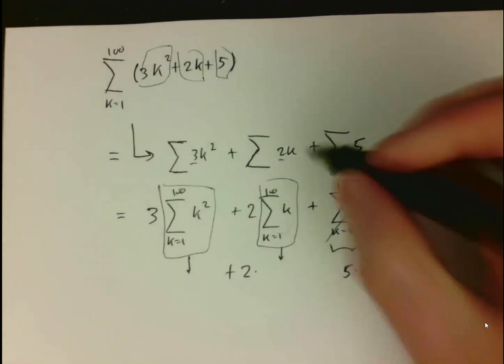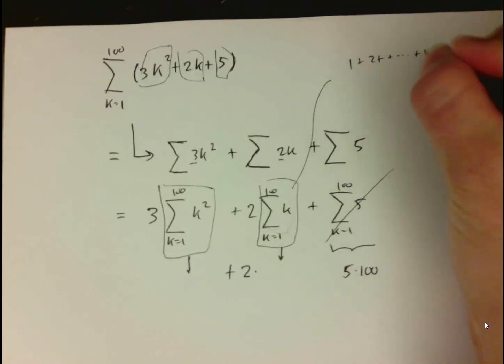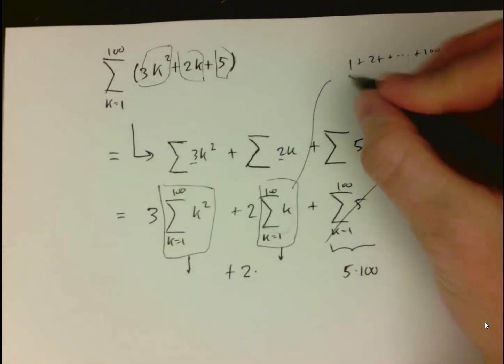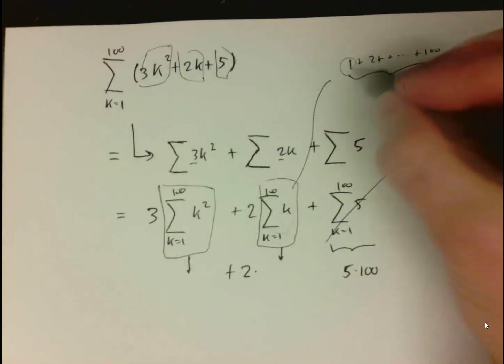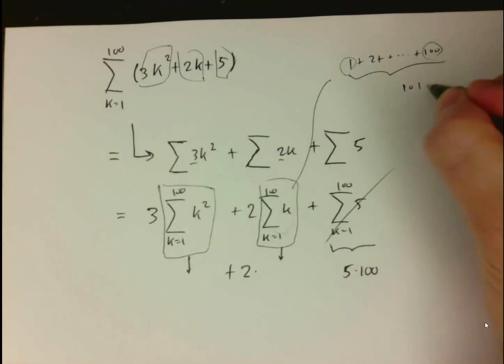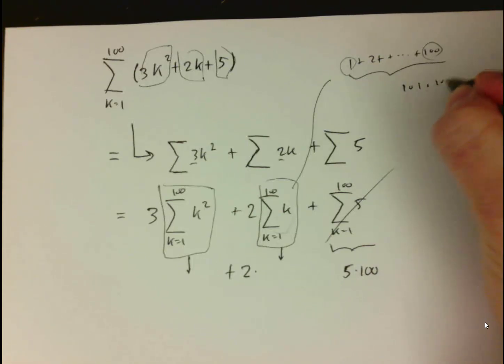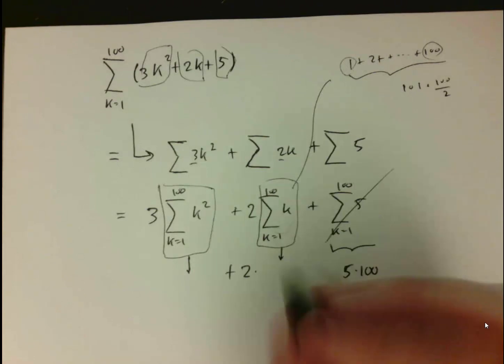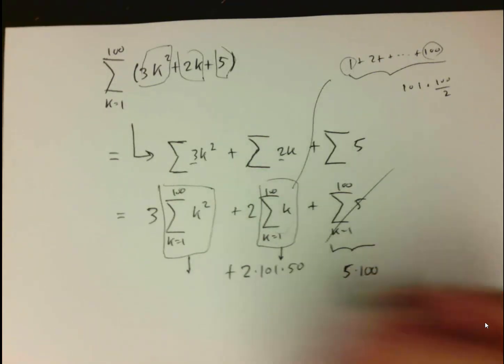So this one, let's pull it out over here, is just 1 plus 2 all the way up to 100. And if you think about that as a basic arithmetic series, that's like, let's see, first term plus last term is 101 times the number of terms, which is 100 divided by 2. So I could rewrite this one as 101 times 50.